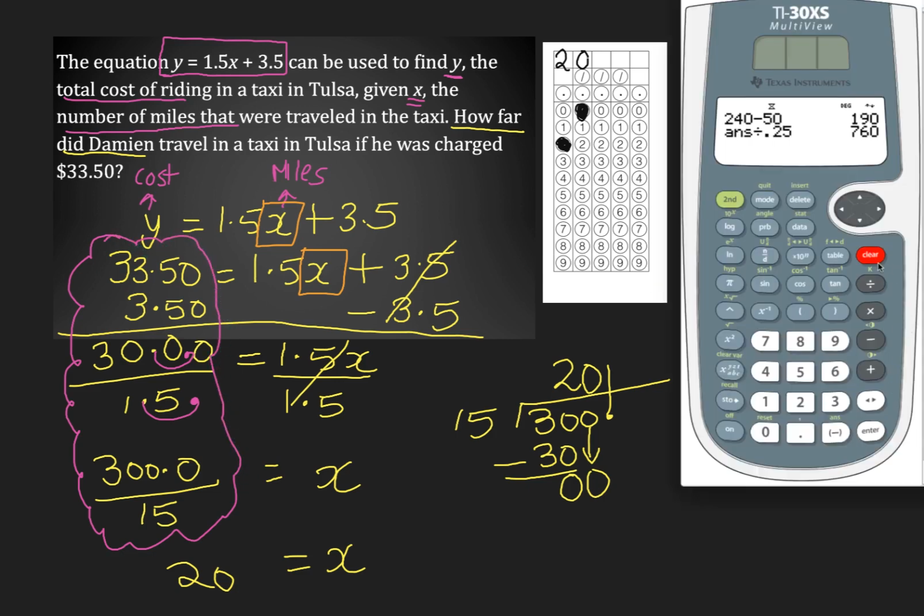So let's clear this. Clear, great. So we would go $33.50, subtract $3.50. Notice I got my 30, and now I'm going to divide by 1.5, and there's my answer, 20.